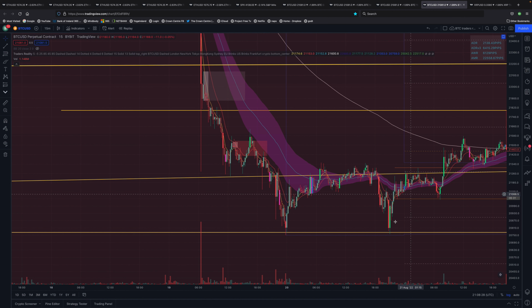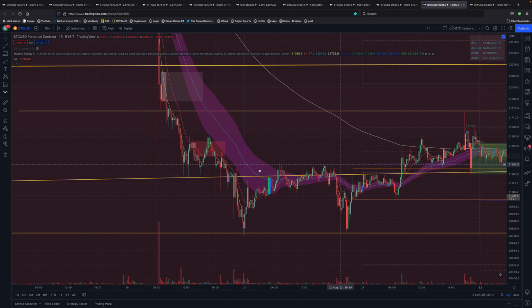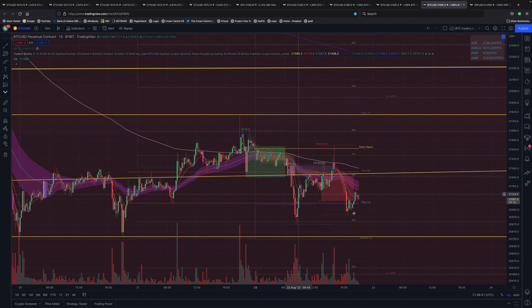So what I'm saying here is trust your TA when it comes to bigger time frame moves, and watch for the indicators in these consolidation periods. For instance, here we've had the spill, and here we have the reversal.